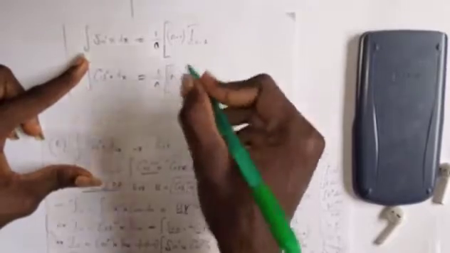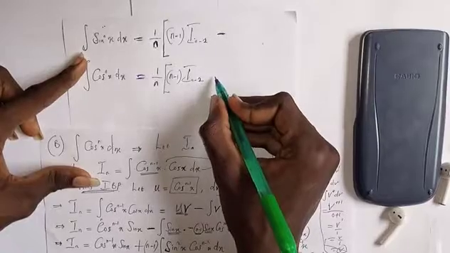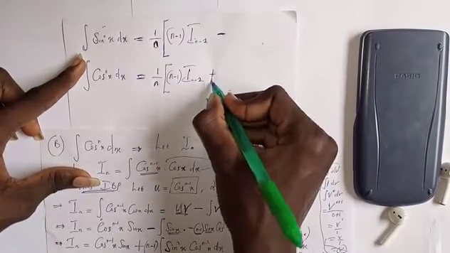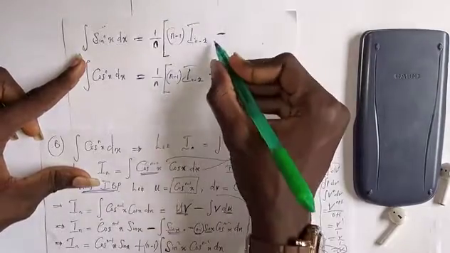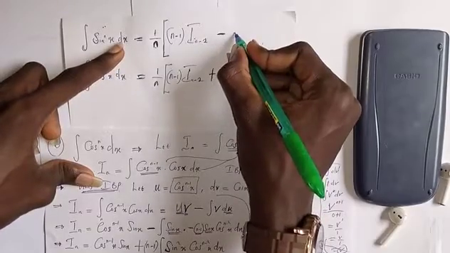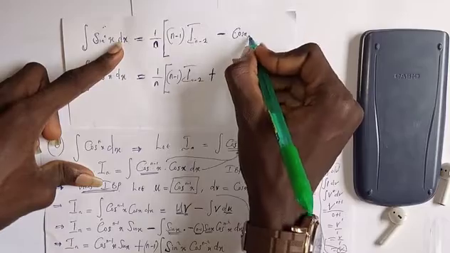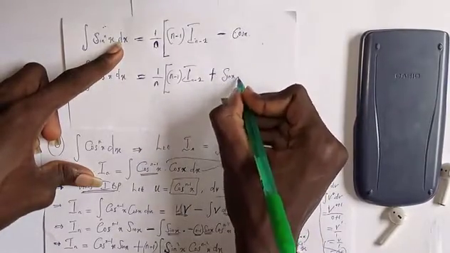So the difference between the two of them is that in this case you should have minus, and in this case you are expected to have what? Plus. Yes. You can try to confirm that. For sine nx dx, whatever you should have here is cos x multiplying something, but here it is sine x that's multiplying the other part.